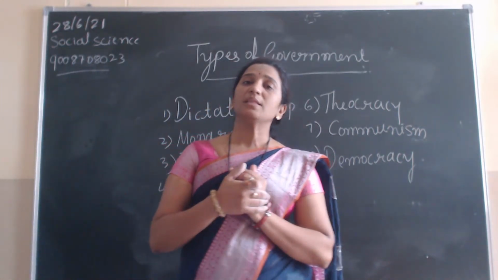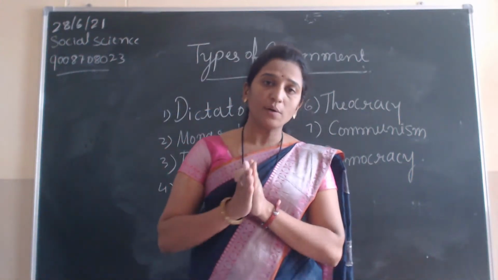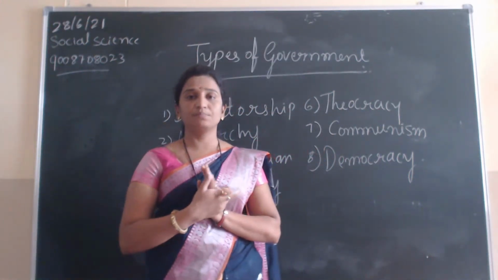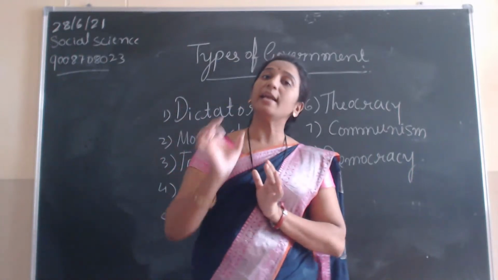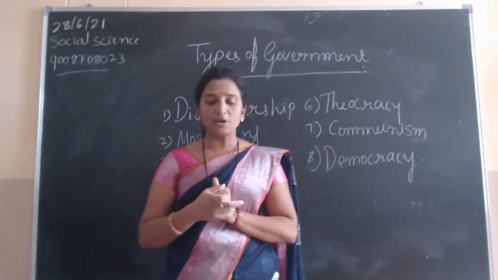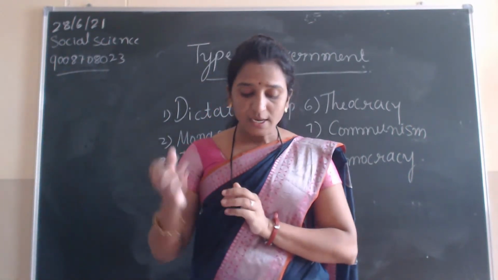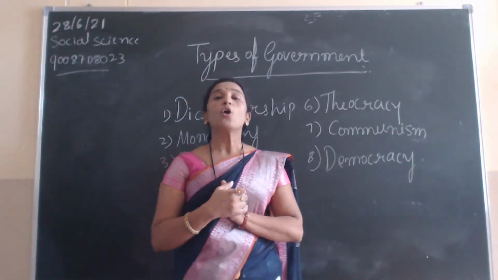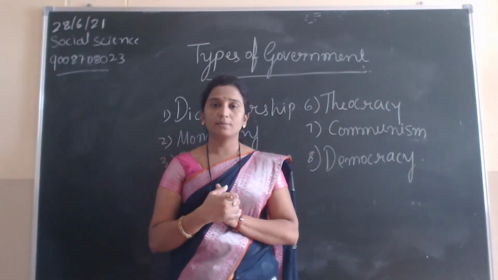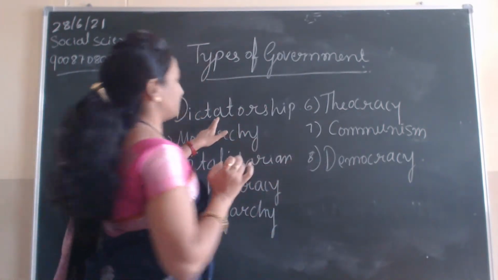Dictatorship is nothing but a leader: a form of government characterized by a single leader, or a group of leaders, with limited participation of the common people. Okay, this is the specialty of dictatorship.